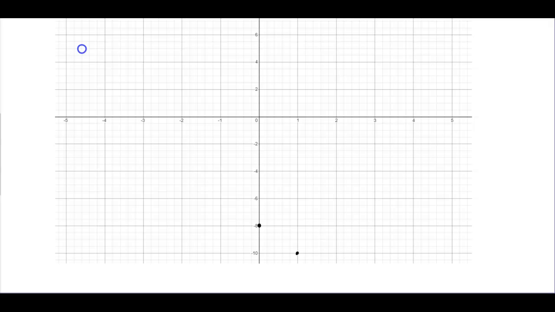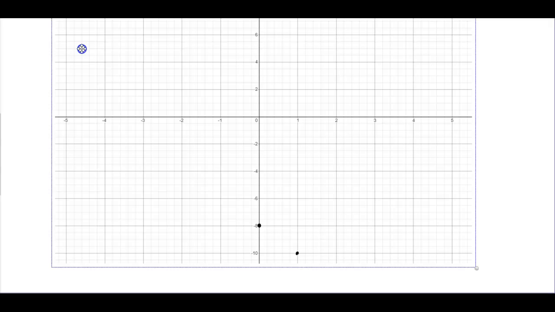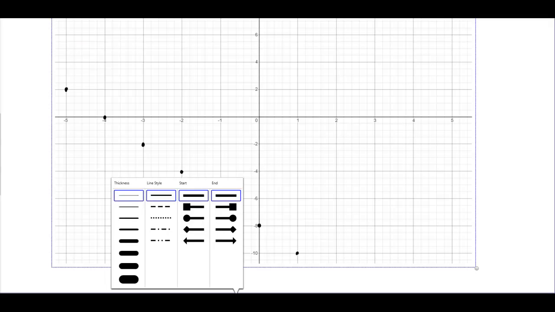Now on the graph, we can't go any further, so we're going to have to go in the other direction. So we're going to go up 2 and then to the right 1, up 2 to the right 1, and so on, and then one more.